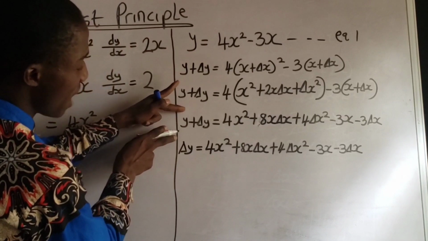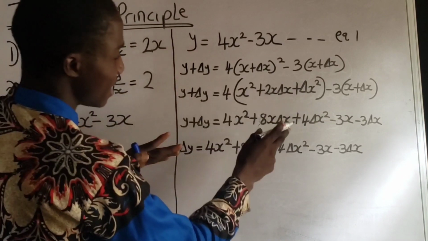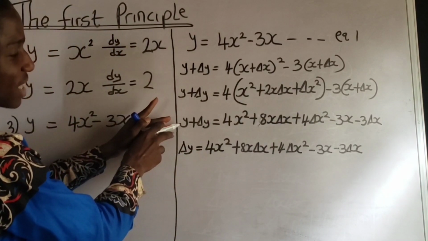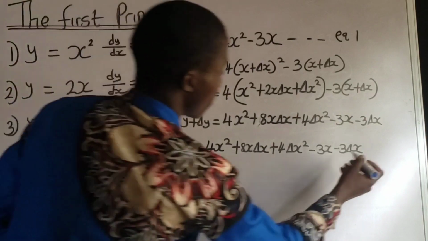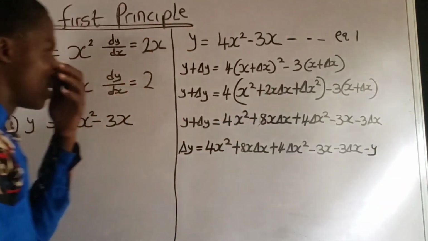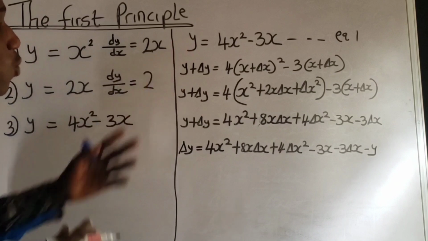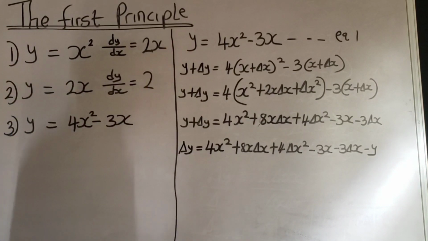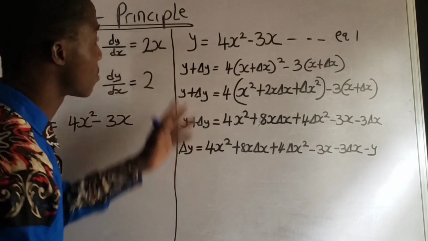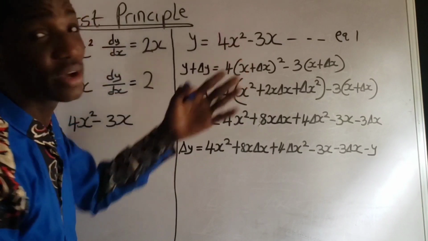If I move y from the left hand side to the right hand side, y has a positive sign here, so that will be a negative sign. So I'm going to have minus y. Now don't forget that from equation 1, y is equal to 4x squared minus 3x. So in this equation, I'm going to substitute y as 4x squared minus 3x.